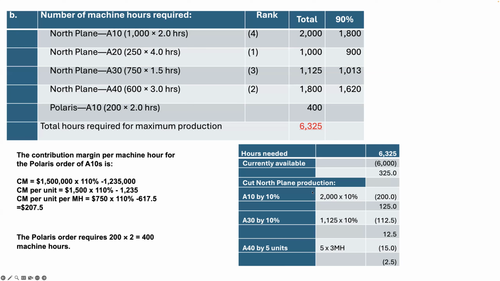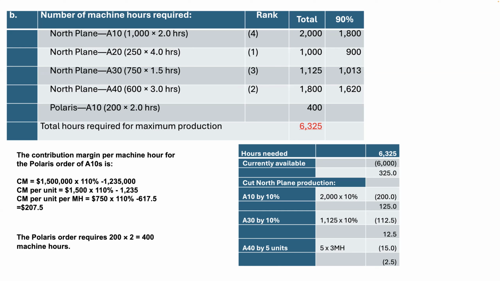My consideration first is which one to cut first. My ranking is 4, 1, 3, 2. A10 would have the lowest contribution margin per machine hour, so I would consider cutting the production on this. But remember, the maximum reduction is only 10%, so you still keep at least 90% to meet the requirement of the contract.